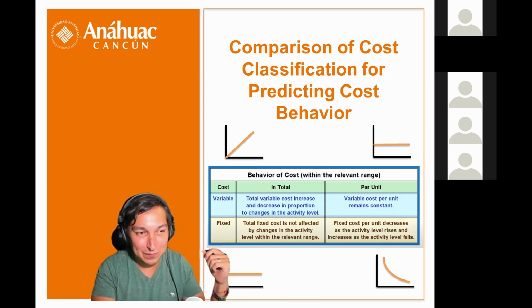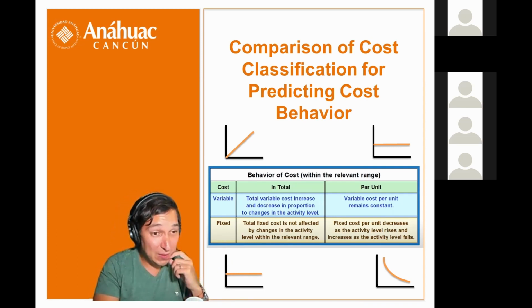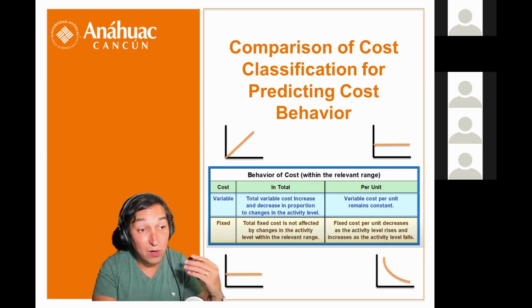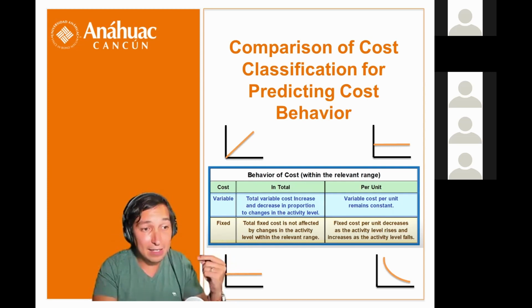A little bit different. That one is actually a curve. Again, our level of activity is on the x-axis and our fixed cost is on the y-axis.